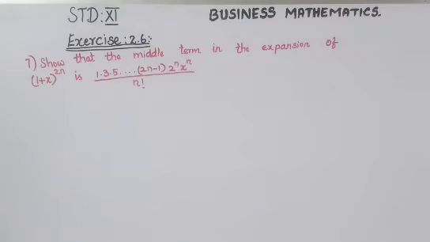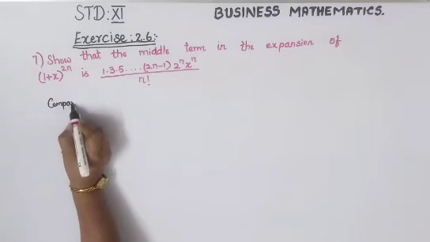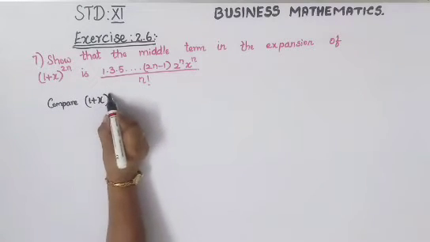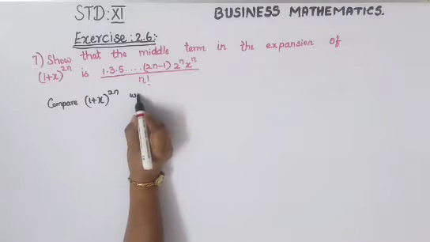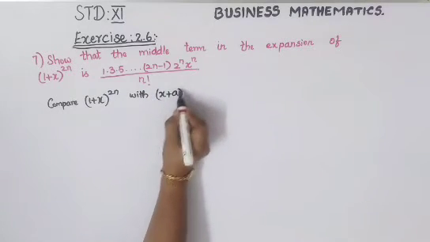7th question, show that the middle term in the expansion of 1 plus x the whole power 2n is 1 into 3 into 5 etc. 2n minus 1 into 2 power n into x power n divided by n factorial. Compare your question. Okay, it is 1 plus x the whole power 2n with x plus a the whole power n.